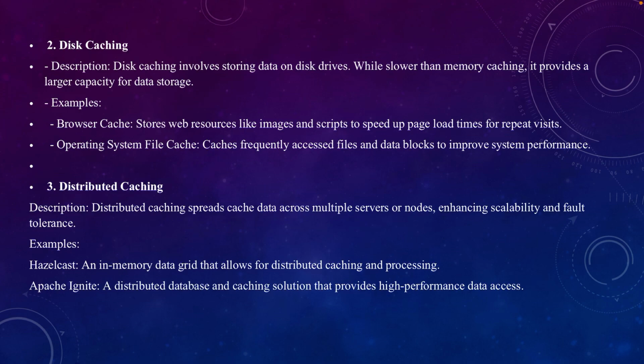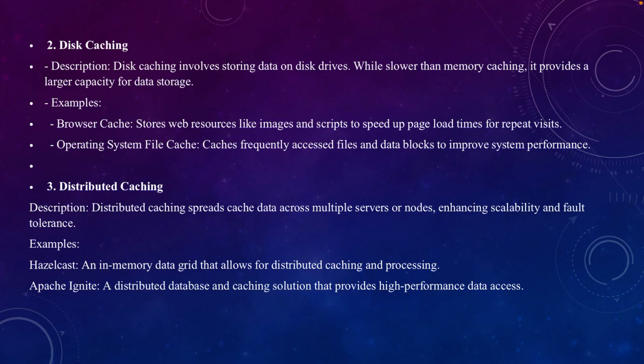So the difference between memory caching and disk caching is that memory caching is fast but has limited capacity, and disk caching is slower but has large capacity. For example, memory caching is RAM, which is fast, and disk caching is the hard disk drive, which has large capacity but is slow.